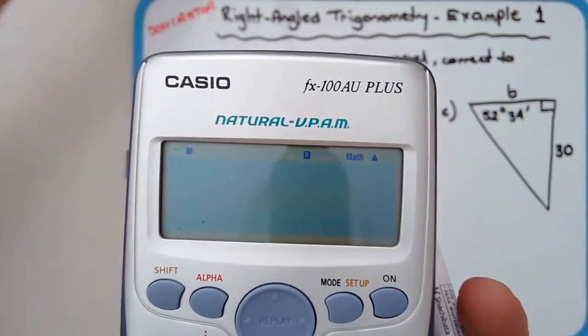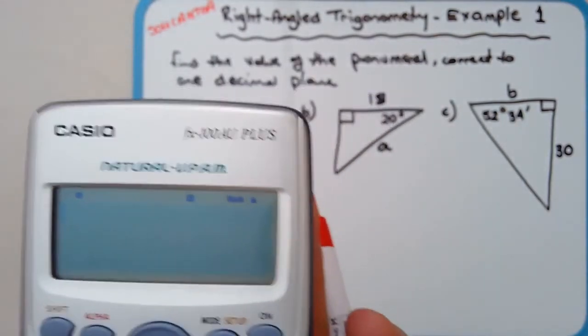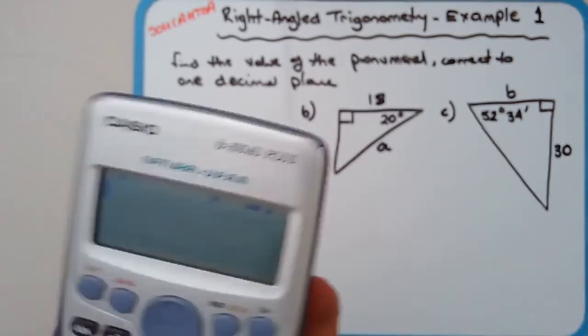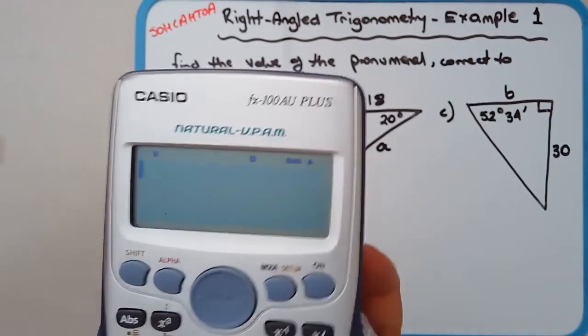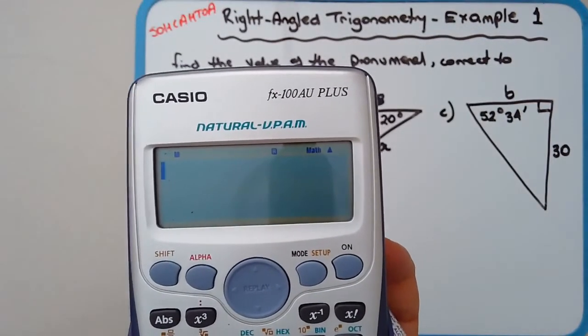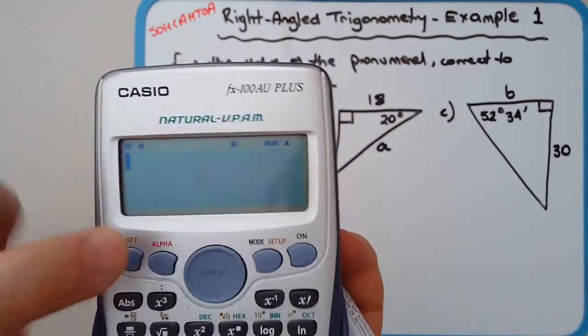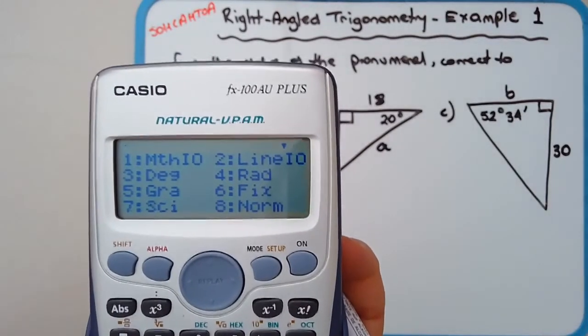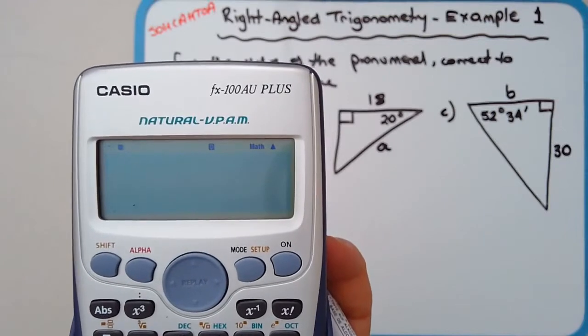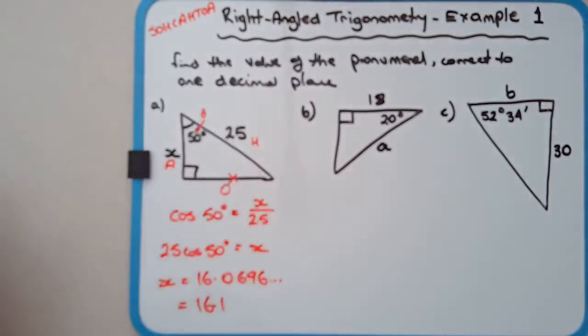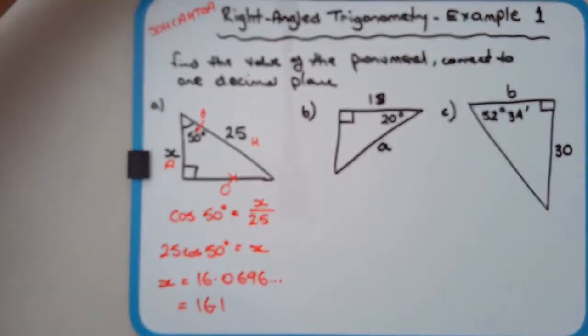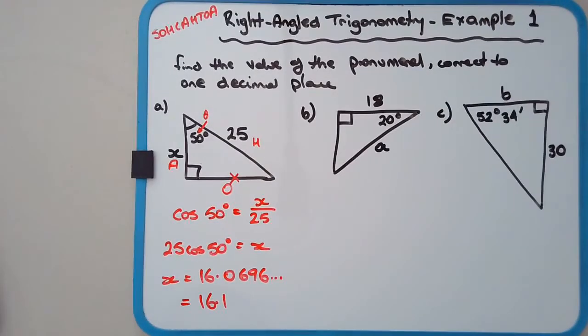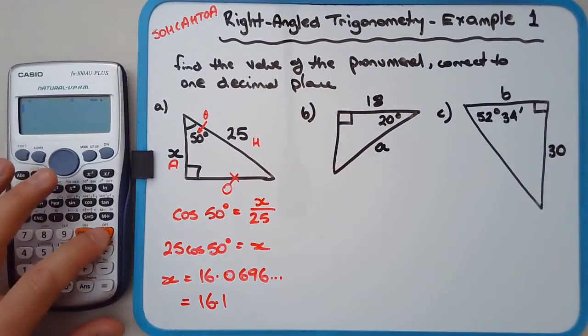We don't use that until year 11 sometime, in advanced mathematics. So if your calculator ever shows that, you can either do a factory reset on your calculator, or just go Shift, Setup, and option number 3 for degrees, and a little D will come up there. Let me readjust the focus on the camera. Yep, that's better. Excellent. Let's continue.